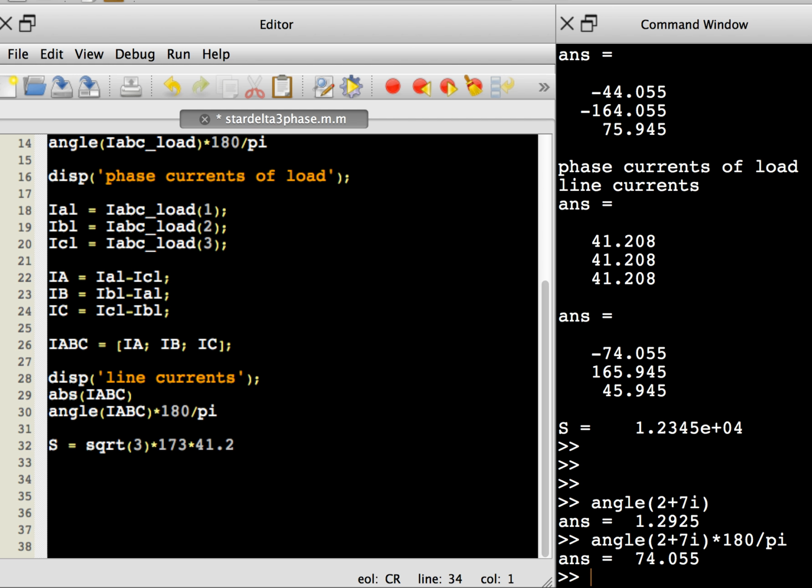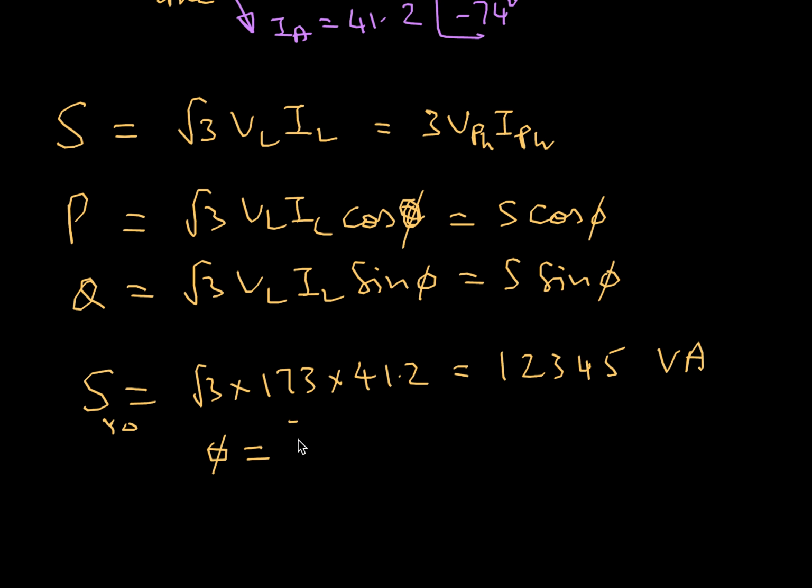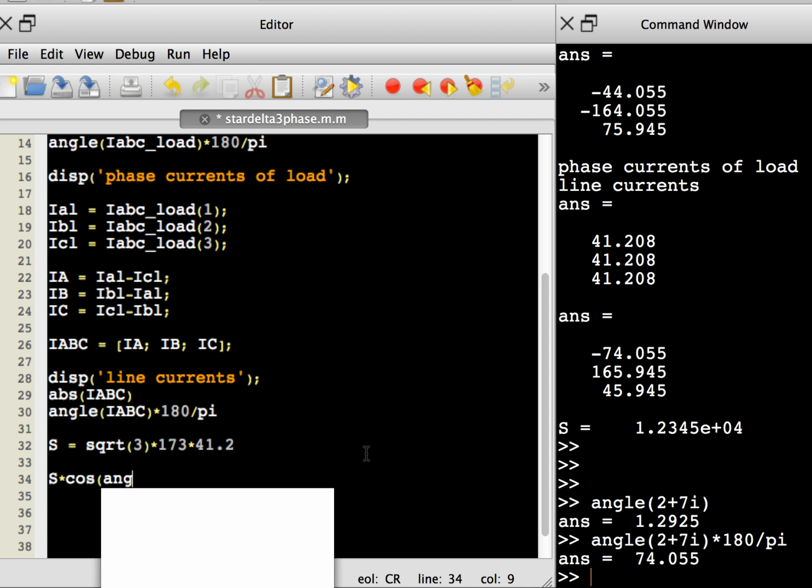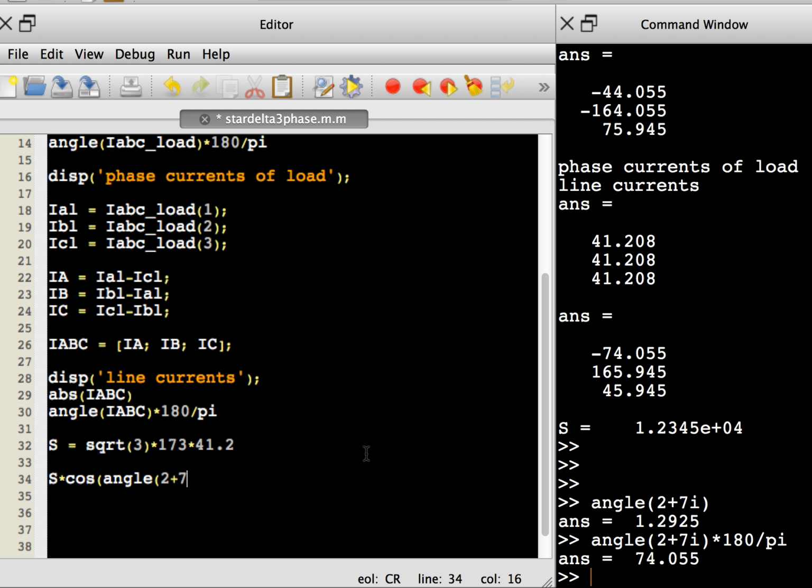Yeah, 74 degrees is the angle of the impedance. So I can just do V I cos phi, or S cos phi: S into cos of angle of 2 plus 7i. Similarly, I'll repeat the same thing. I'll call this three-phase power and three-phase reactive power. This is sine.